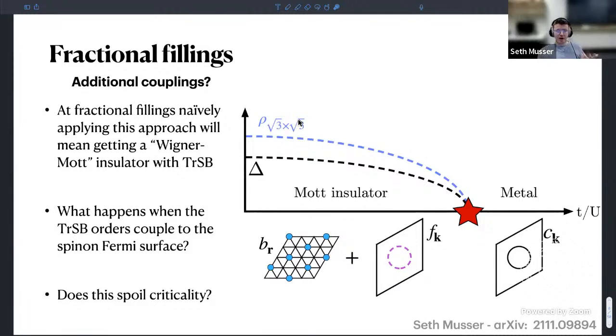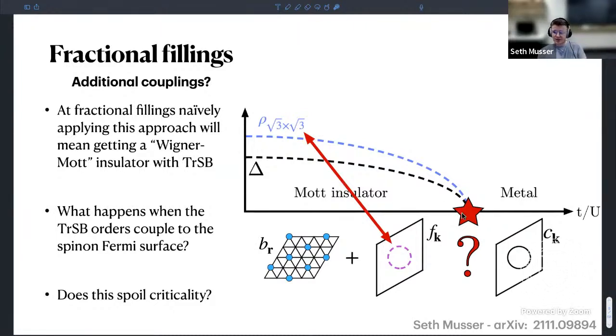But there's a much deeper problem, which is that this charge density wave order parameter can couple to the spinon Fermi surface. So in this schematic, I drew the charge degrees of freedom coming from the same critical point that the charge density wave came from.